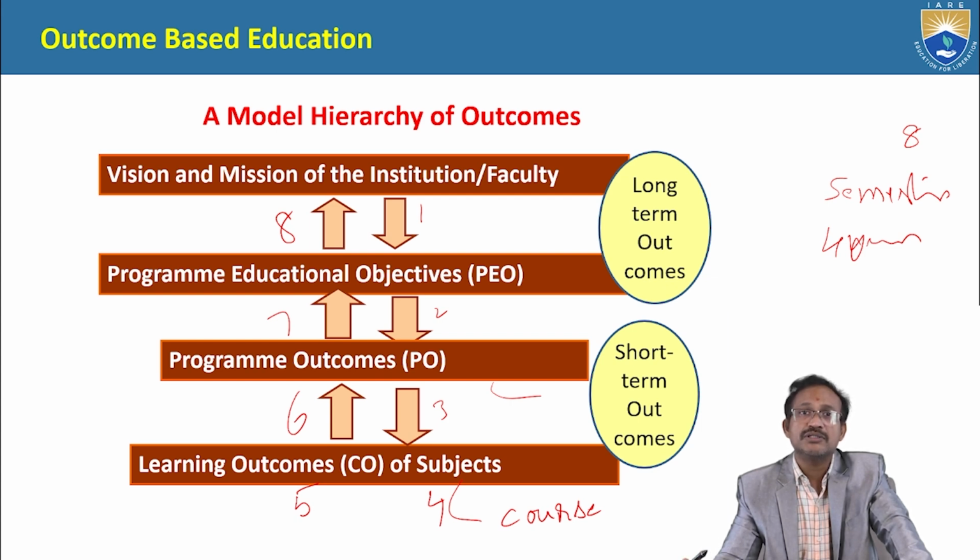Suppose my institute is near some industries, my institute vision may be towards the industry needs, particularly steels, other economical aspects. Like that, each institute may have a different vision. All the institutes need not have the same vision, though they have organized the same programs.